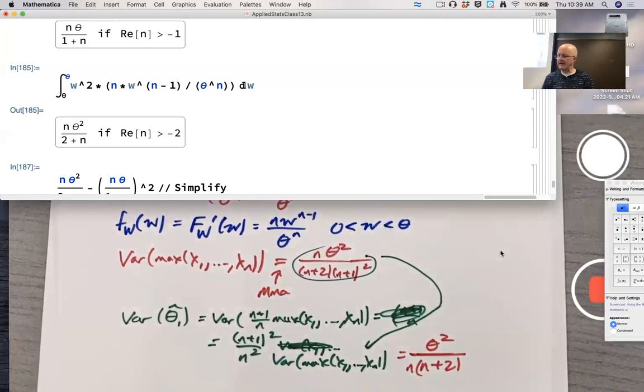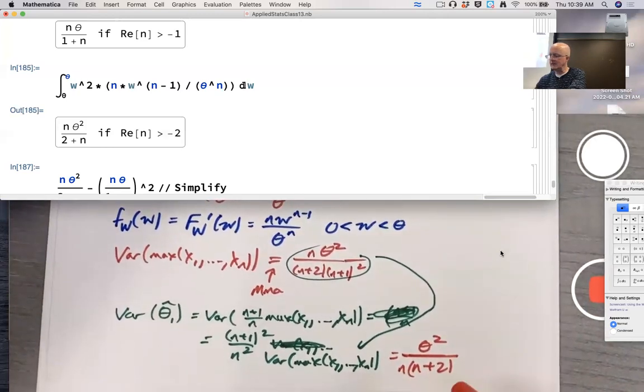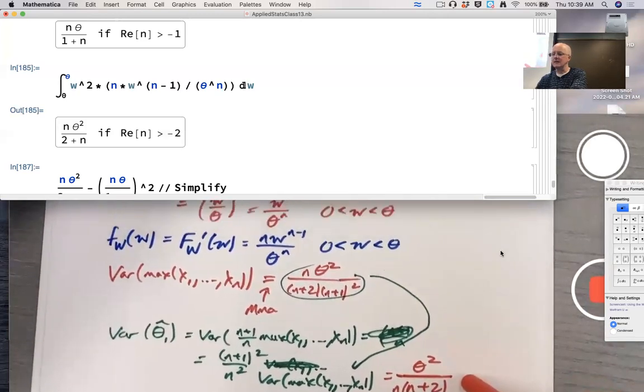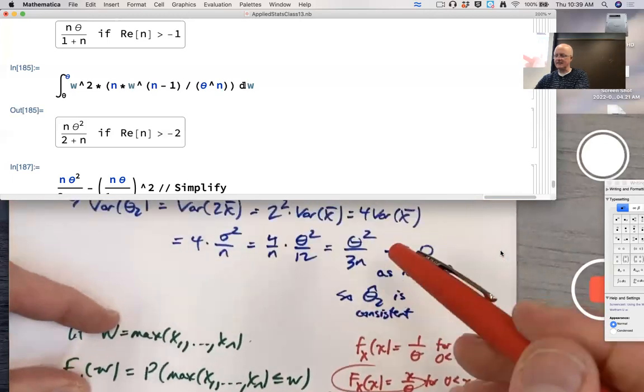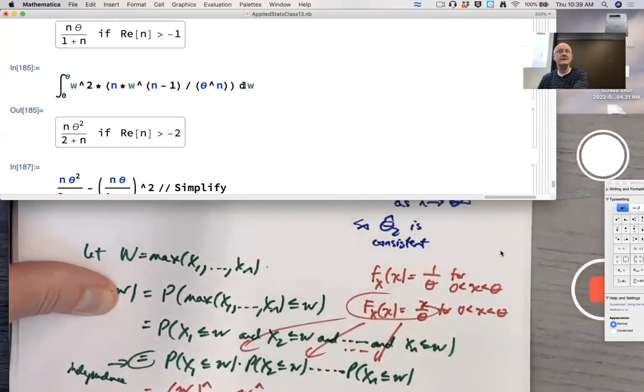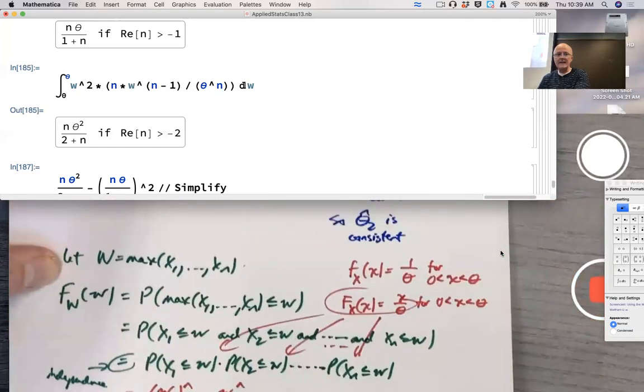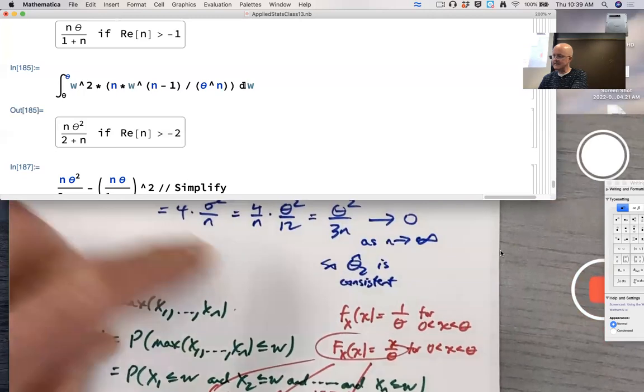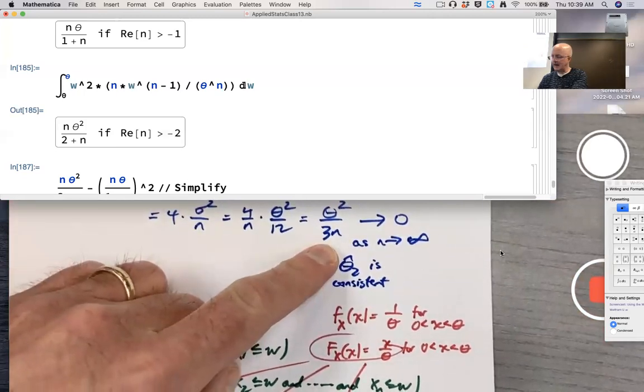Now we're ready to calculate the relative efficiency. Take this variance and divide by that variance. The theta squareds cancel. The n's cancel, actually. This n cancels with this n.